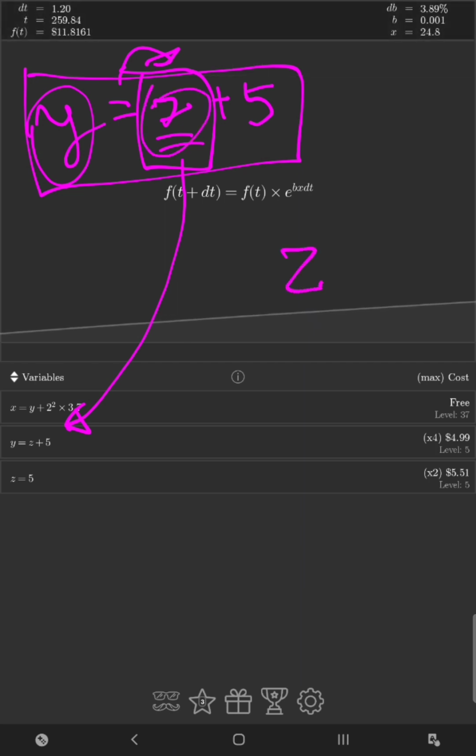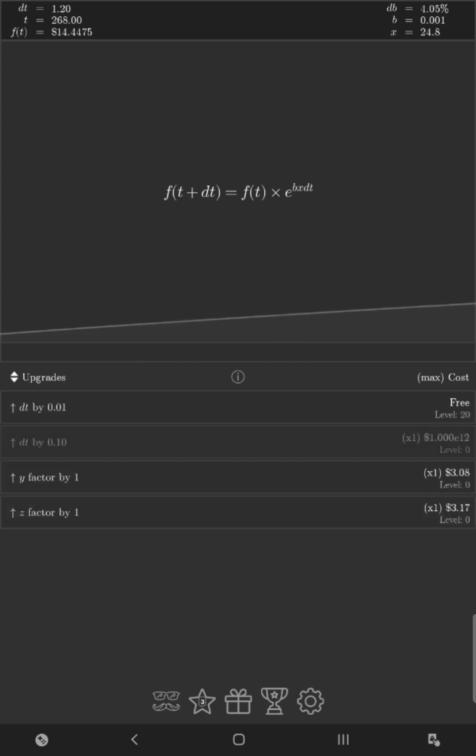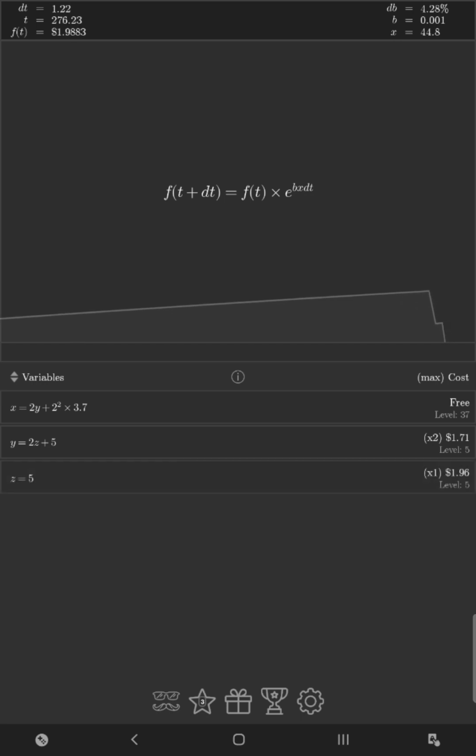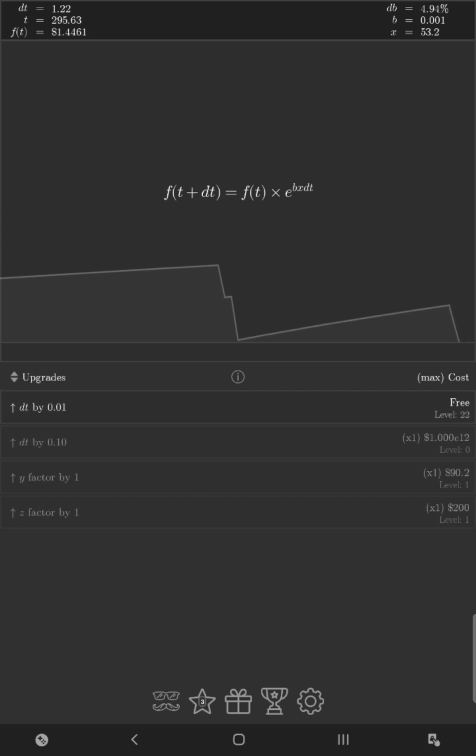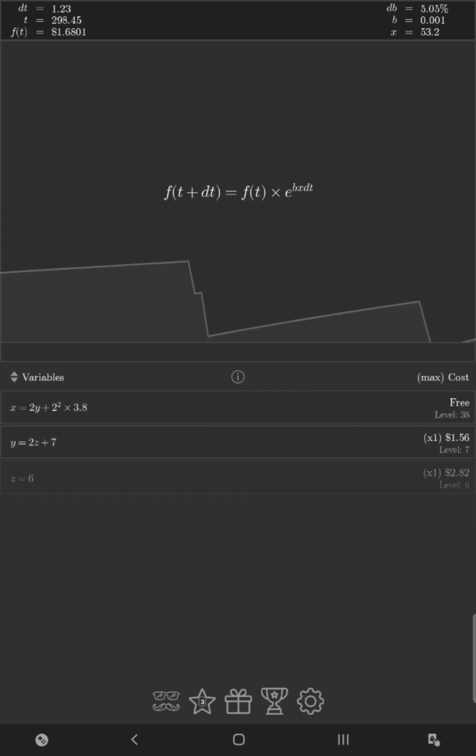Like now it's just 1 times c, but if we factor c, then we get a 2 times z. So by buying this upgrade, we increase the factor by 1. Like this. And as you can see, we get these 2 to the 2 and multiply by the original. So how to get that, you may ask. It's just after you buy a specific amount of the variables, then you get these exponents.